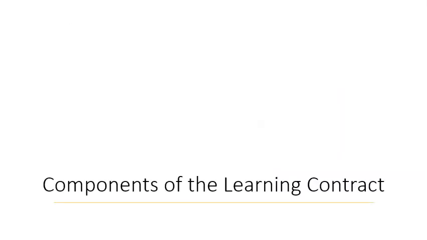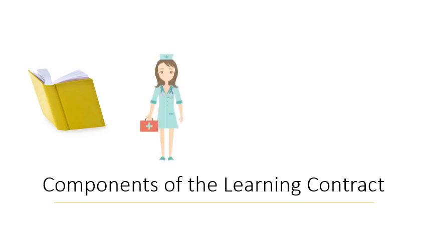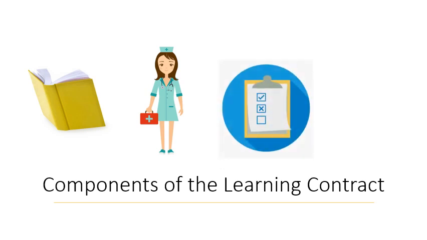So here are the components of the learning contract. Content. This specifies the precise behavioral objectives to be achieved. Performance expectations. This will specify the conditions under which learning activities will be facilitated, such as instructional strategies and resources. Evaluation.